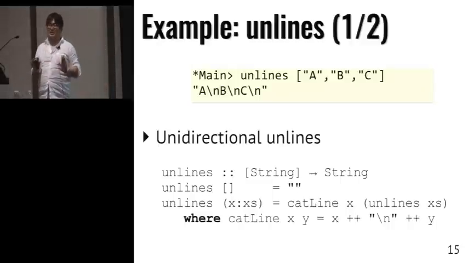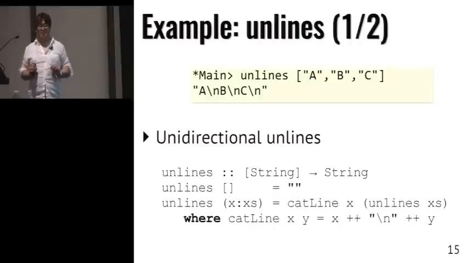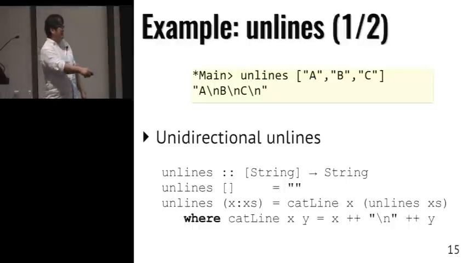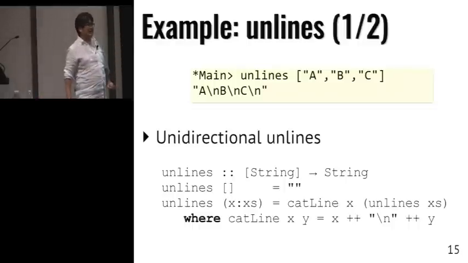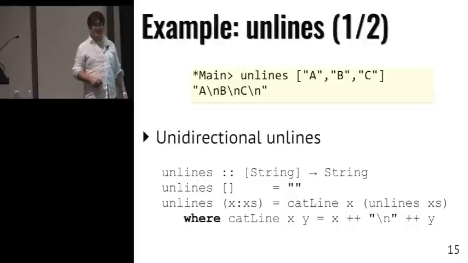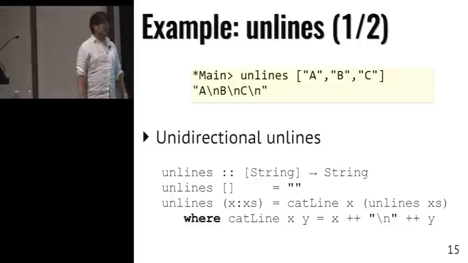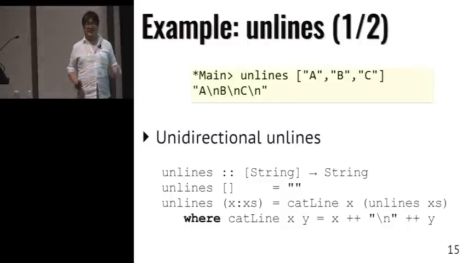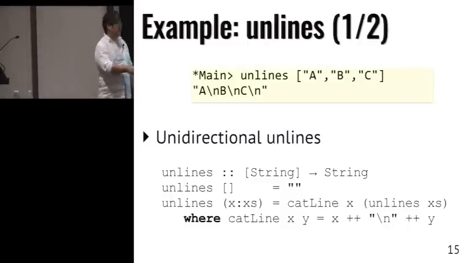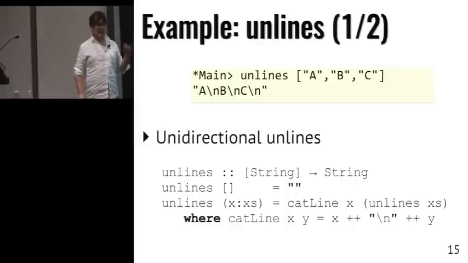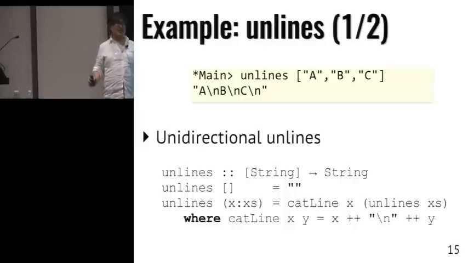If we use a unidirectional language such as Haskell to implement unlines, it can be written as this. This is nothing surprising. Unlines is a function that takes a list of strings and returns a string. For the nil case, it returns an empty string. For the cons case, it concatenates two strings with a new line.